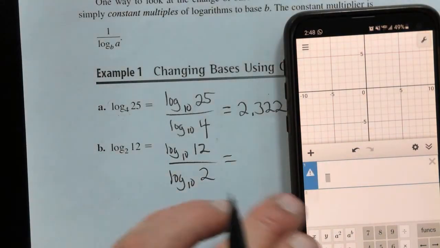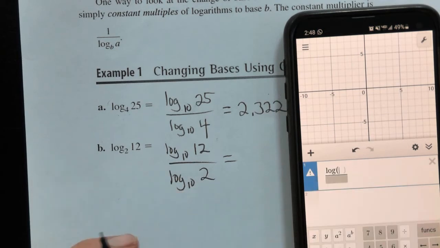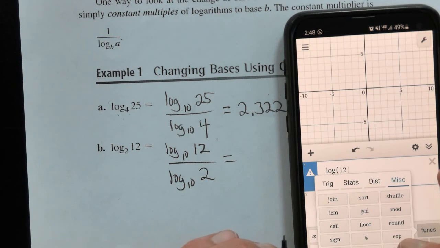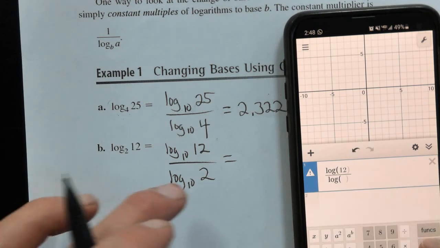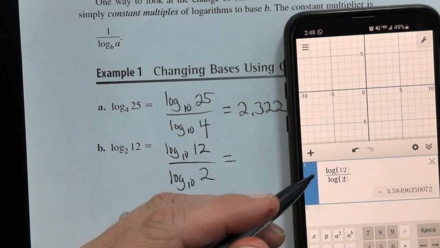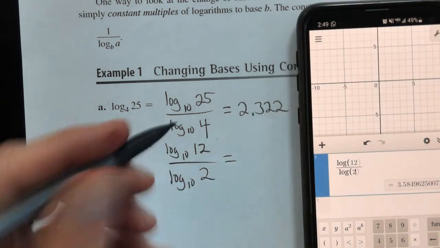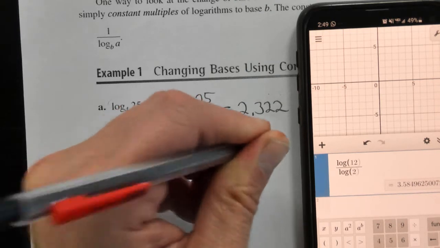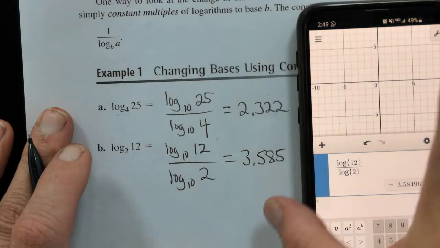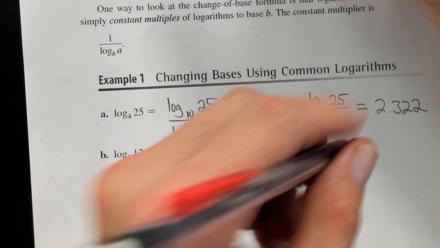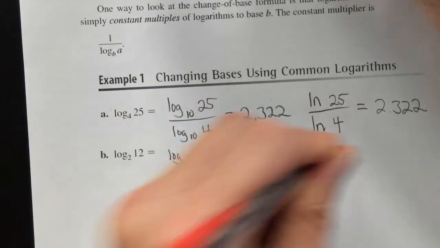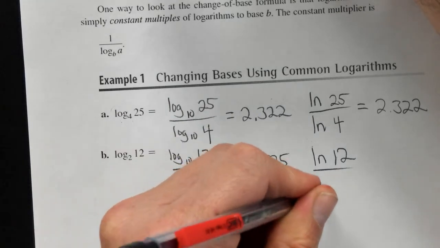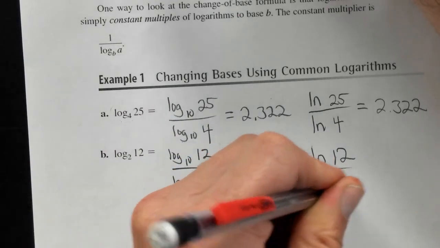Get my fraction, go back to log of 12 divided by the log of 2, because remember, if I just pick log, it automatically means base 10, and so that's 3.585. We could change it to natural log as well. It could be the natural log of 12 over the natural log of 2.